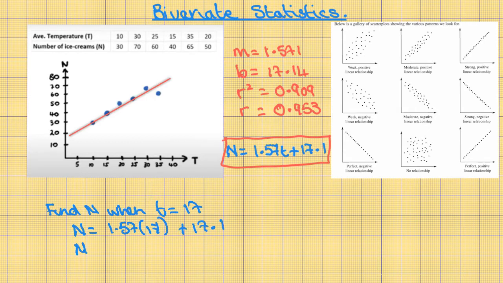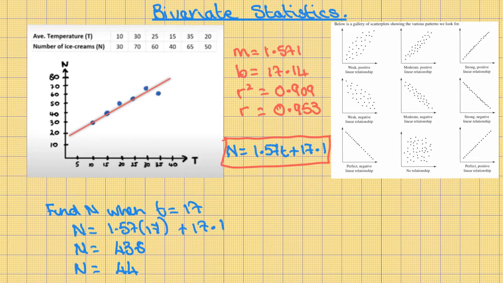So N is equal to 43.8. So N is equal to 44 to the nearest whole number. So at a temperature of 17 degrees, we would expect 44 ice creams to be sold.